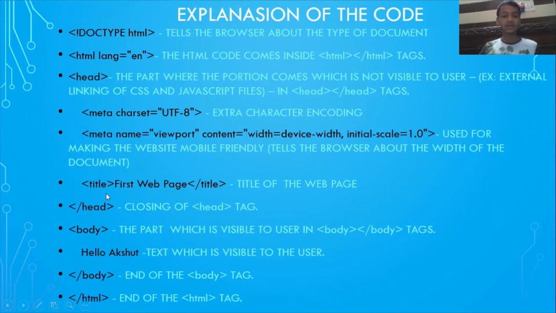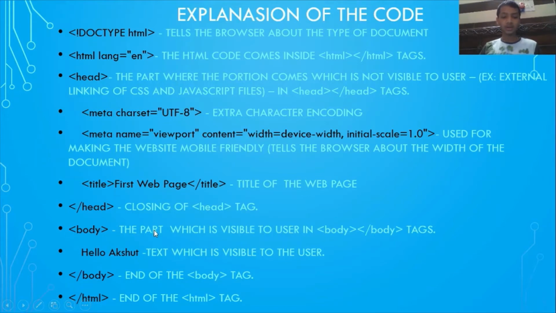This is the title tag, in which the name of our web page comes. Like in the last video, I showed you that after running it, this title was coming at the top of the browser. This is the closing of the head tag.